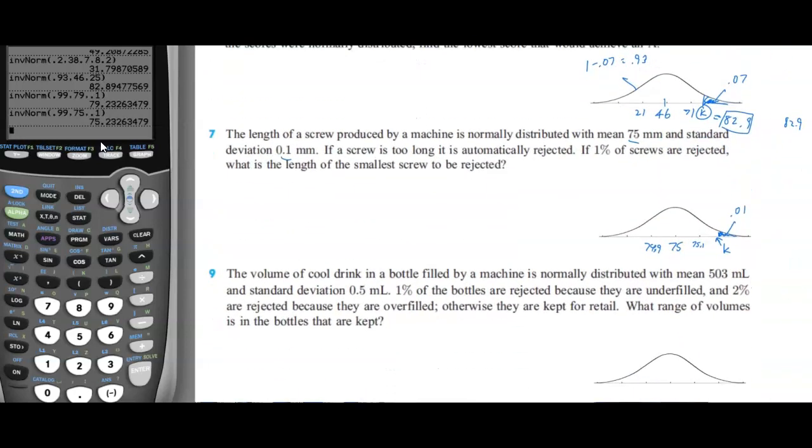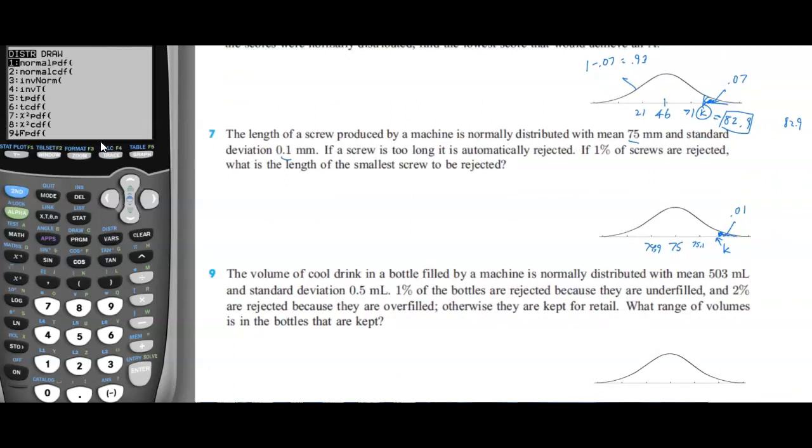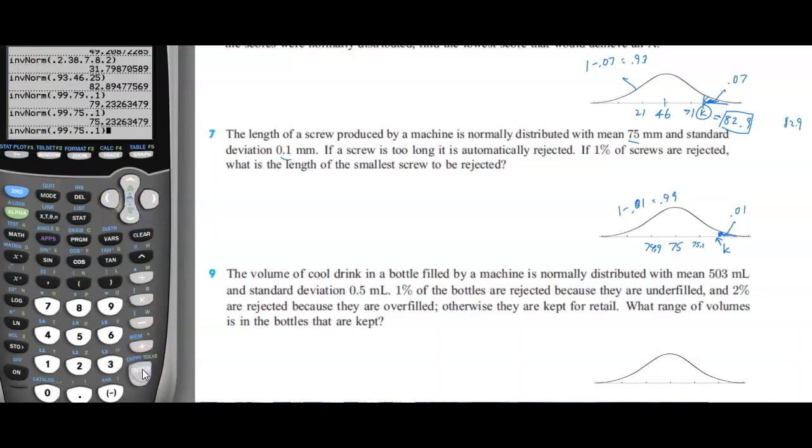Since we're using the old calculator here, we're going to do second distribution, inverse norm, and put the corresponding left side area, which is 1 minus 0.01, which is 0.99. So I put 0.99 in for the area, 75 and 0.1 for the mean and the standard deviation, and I get 75.2 for the K value.